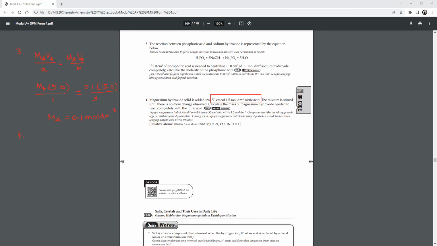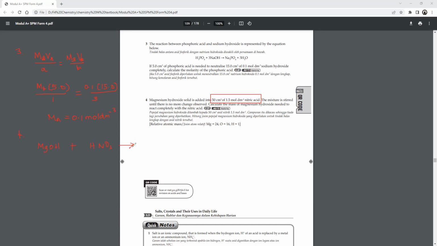The mixture is stirred until there is no change observed. Calculate the magnesium hydroxide needed to react completely with the nitric acid. So first of all, you need to write the formula. Magnesium hydroxide, MgOH, plus nitric acid HNO3.